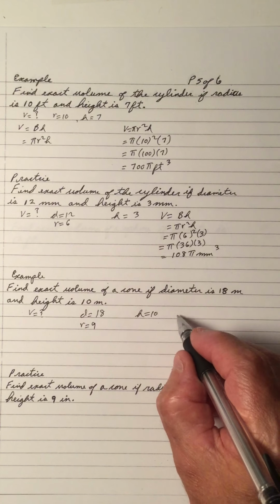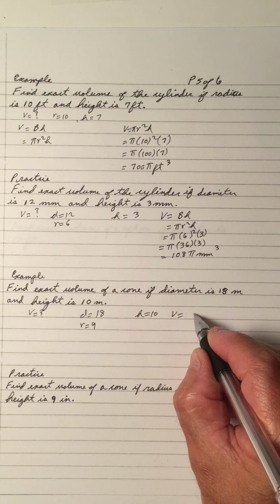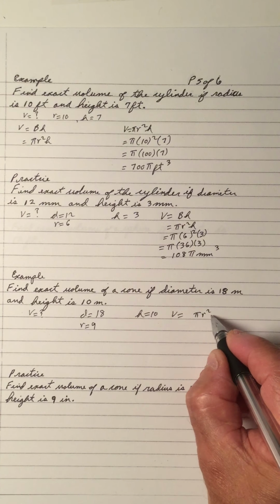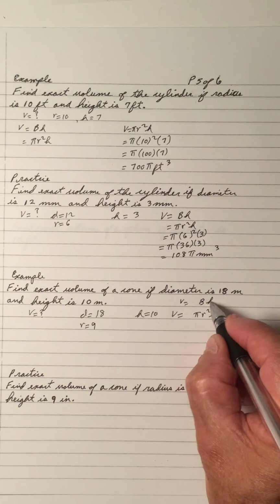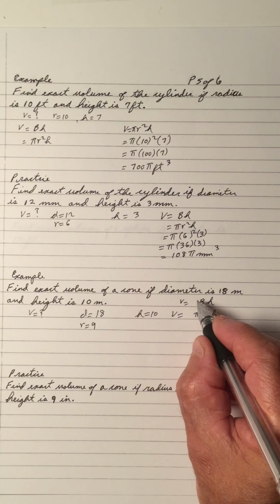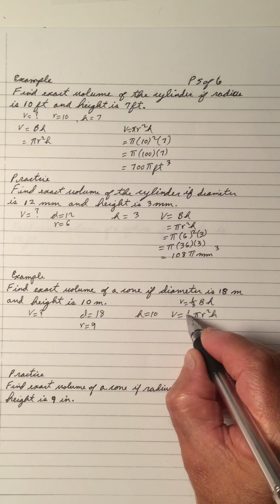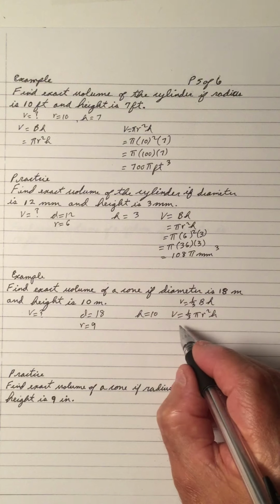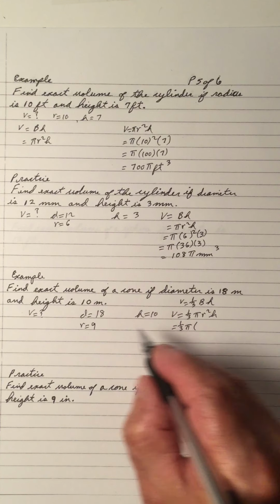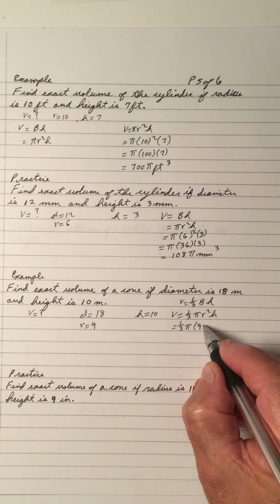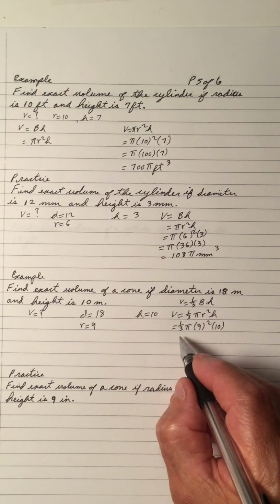The volume of a cone is related to the volume of a cylinder, which is base area times height, but a cone is 1/3 of a cylinder, so it's 1/3 pi r squared h. So 1/3 pi, the radius is 9 squared, the height is 10, so we sub all that in.